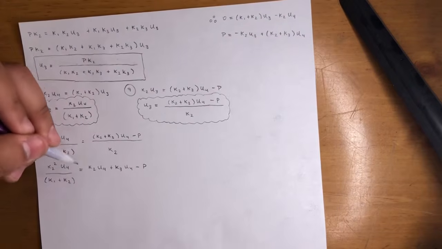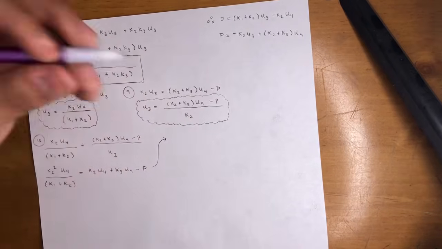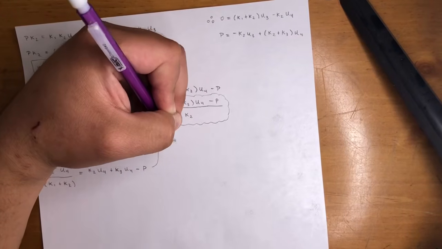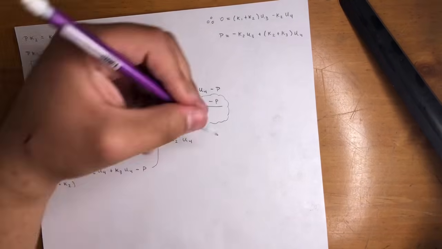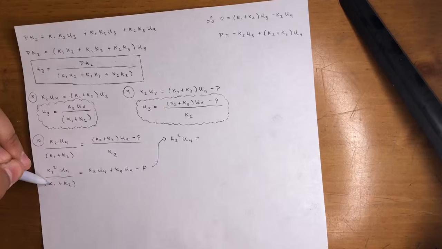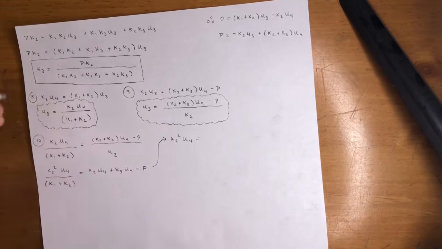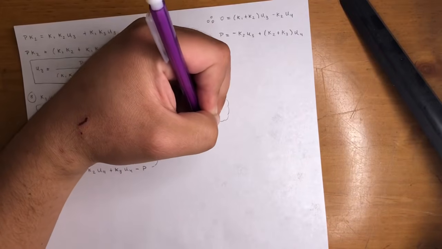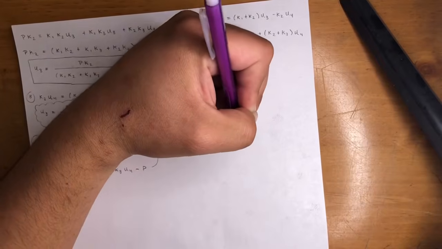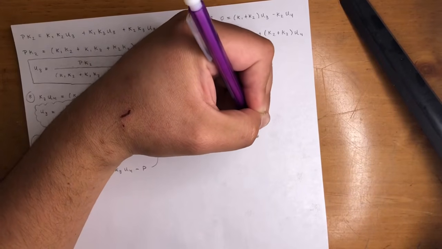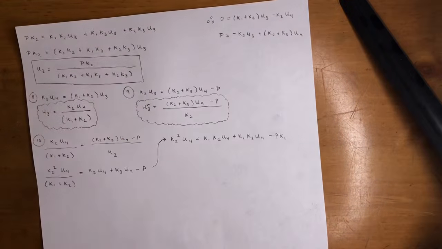So it becomes, let's move it here, K2 squared U4. Now it's equal to K1 times this plus K1 times this plus K1 times this. That's going to be K1 K2 U4 plus K1 K3 U4 minus PK1.